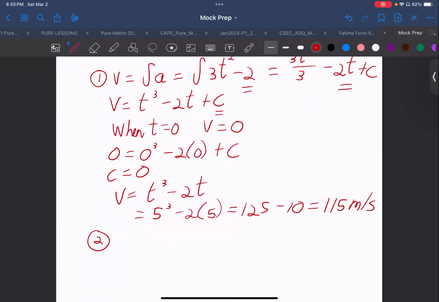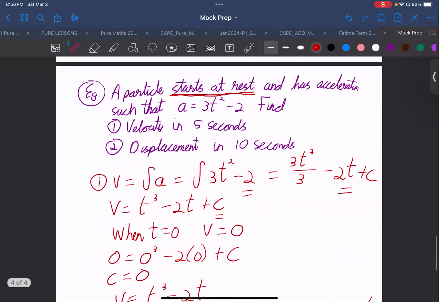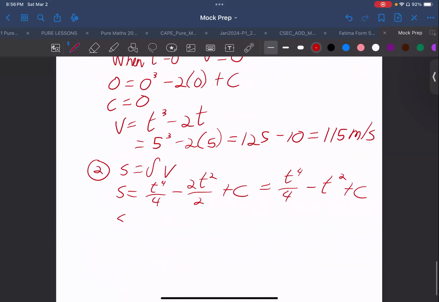And now they want S, which we know is the integral of V. So S is t to the 4 over 4 minus 2t squared over 2 plus c, which is t to the 4 over 4 minus t squared plus c. But we also need to solve for c. It says starts at rest, so starts means when t equals 0, S equals 0.